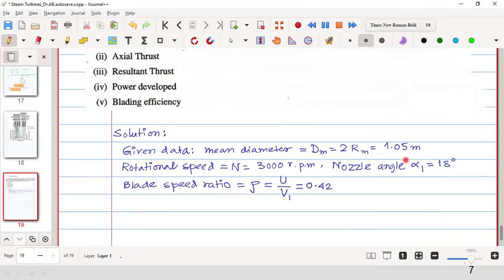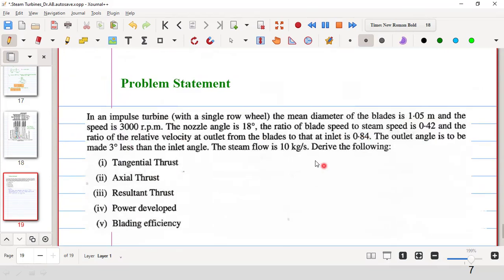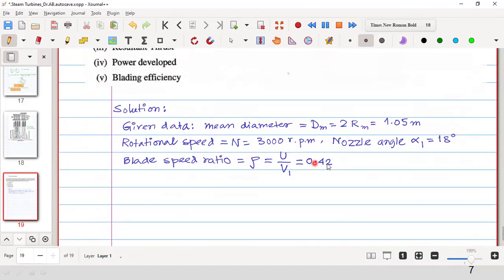Another quantity given is the ratio of the relative velocity at the outlet from the blade to that at the inlet, which is 0.84. That is called the velocity coefficient, K. In earlier discussion, we termed that a friction coefficient. It is better to term it the velocity coefficient, because friction coefficient is a misuse of the word: if friction increases, it should decrease.